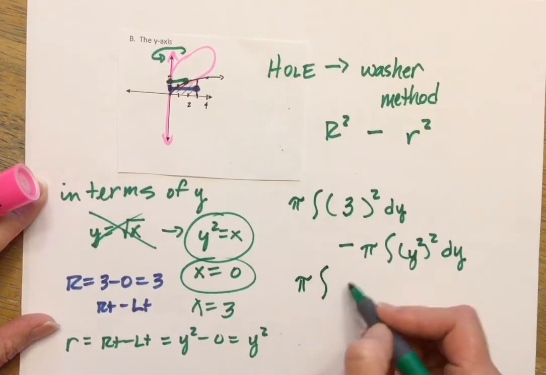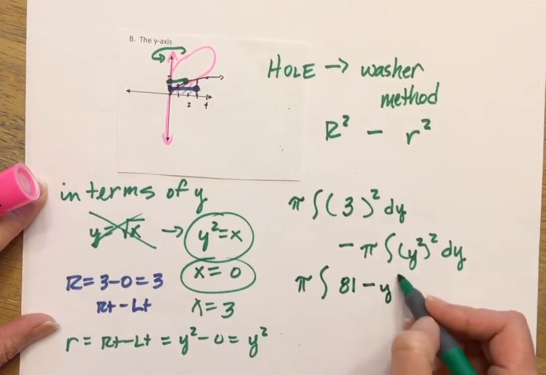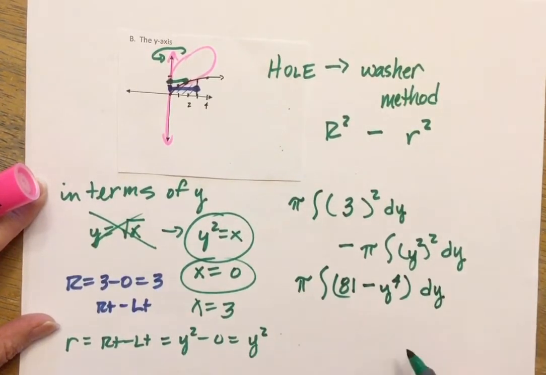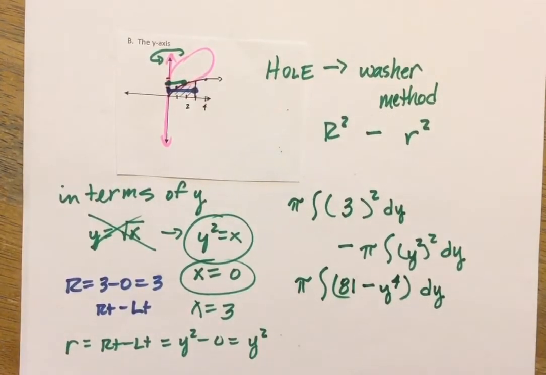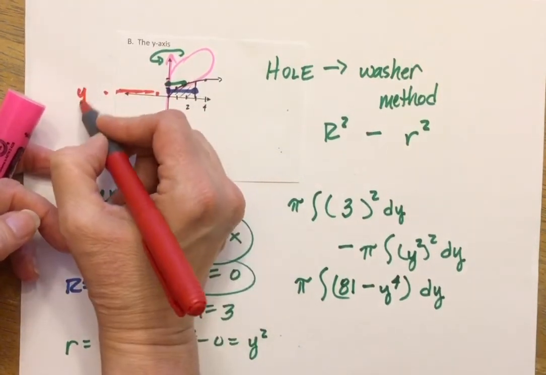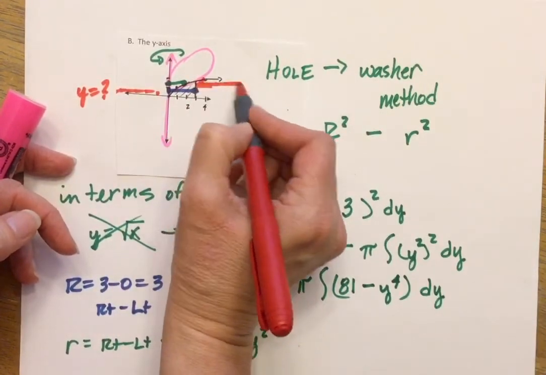We'd have pi 81 minus y to the 4th in terms of y. The only reason you're allowed to put them together is because they're going to have the same numbers on the integral. So here's what we need to figure out. What is the lowest y value and what is the tallest y value?